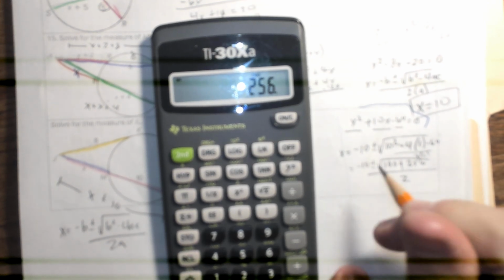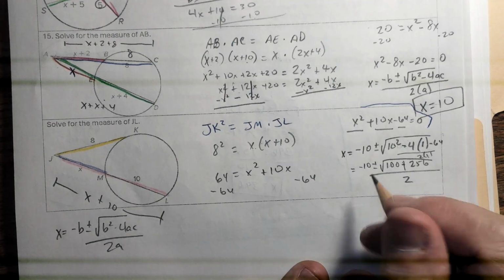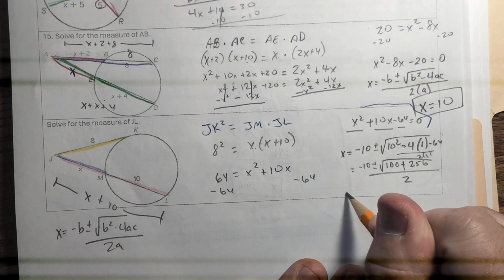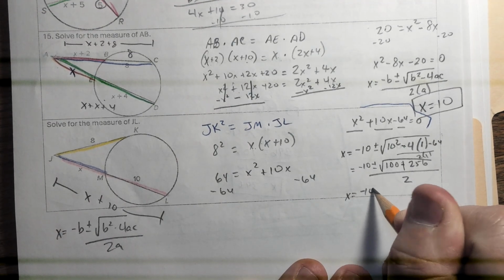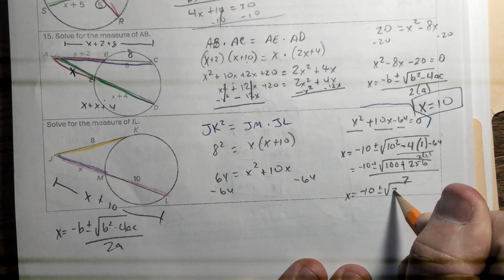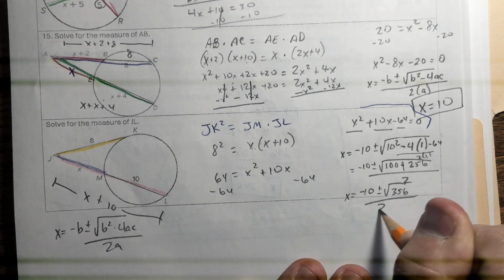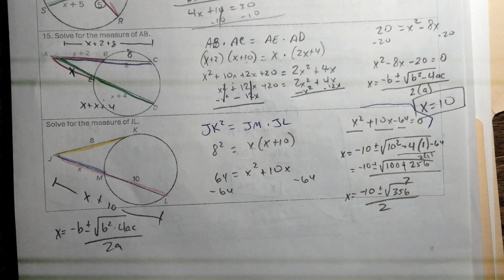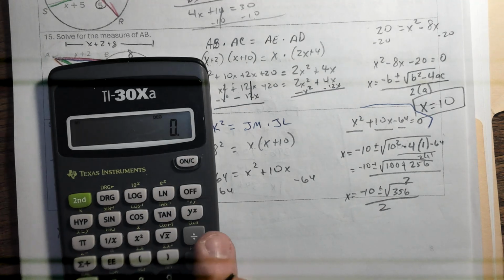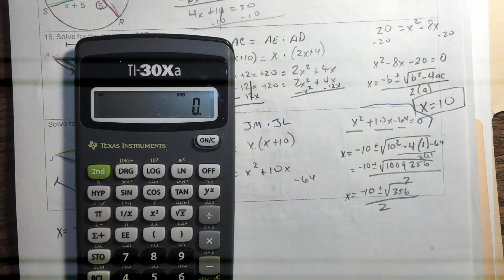So we're going to go down a little. Sorry. So x equals negative 10 plus or minus the square root of 356, all divided by 2. So let me show you over here, and I apologize, it's going to get all wonky.